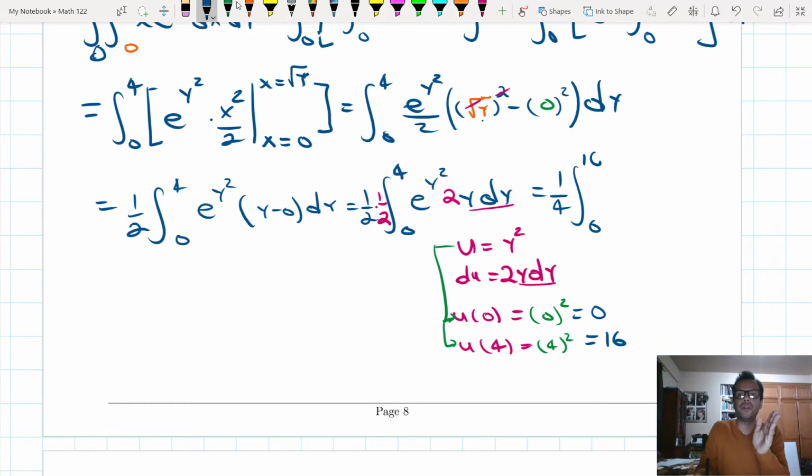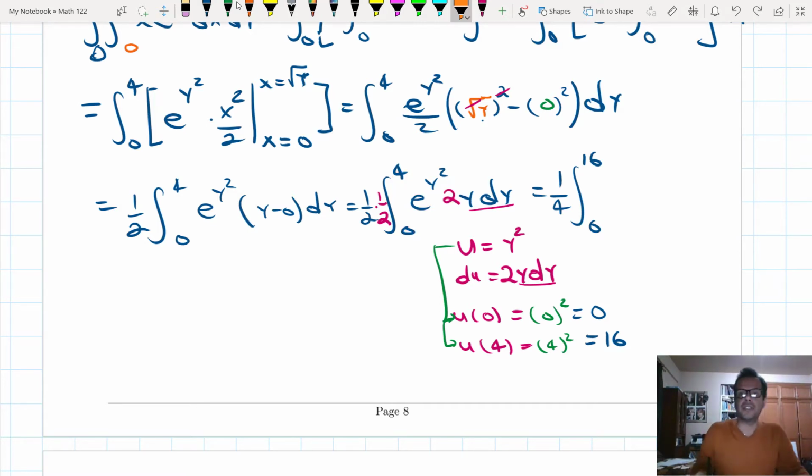Again, what did we do? We did a substitution to basically go from the world of y to the world of u. However, if we carry a function to a new world, we also need to transfer the original limits of integration from the world of y to their corresponding values in the world of u.